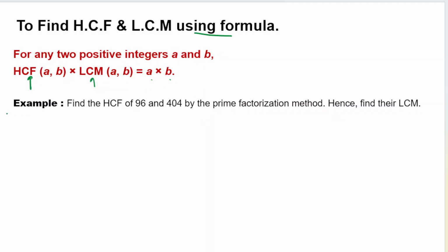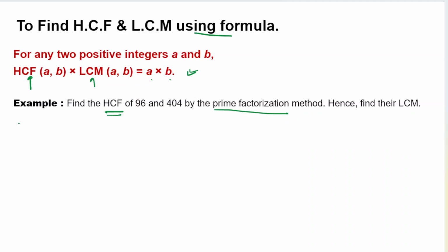We can understand this with the help of an example. In this example, we are told to find the HCF first by the prime factorization method, and then find the LCM by using this formula.